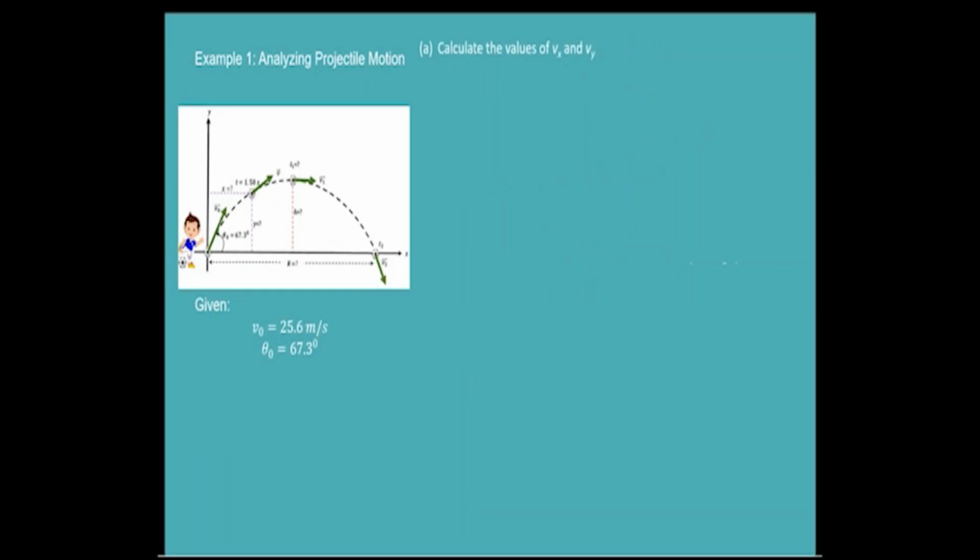Let's proceed to calculating the values of v sub x and v sub y. Recall that v sub x is equal to v sub 0x because horizontal motion is always constant in velocity. So, v sub 0x is equal to v sub 0 cos theta, that is equal to 9.879 meters per second. Next, v sub y is equal to v sub 0y plus a sub y t, where v sub 0y is equal to 23.62 meters per second plus negative 9.8 meters per second squared times 1.50 second.